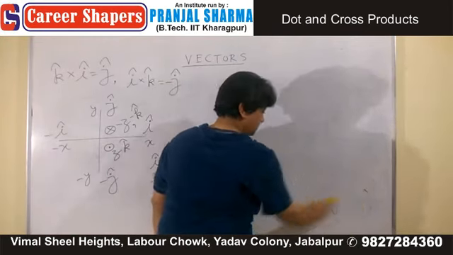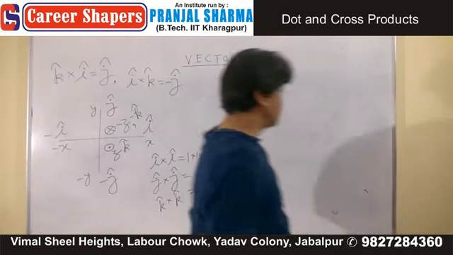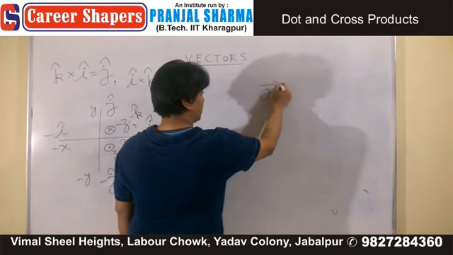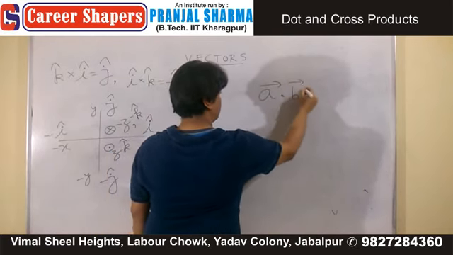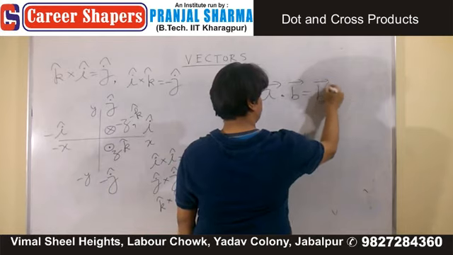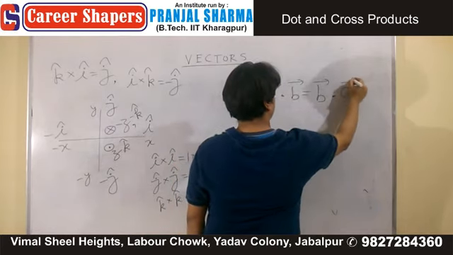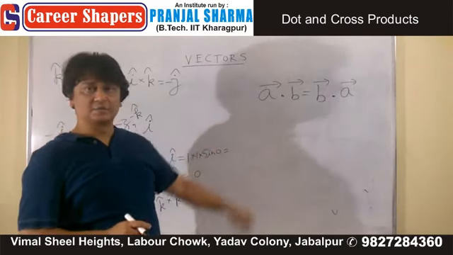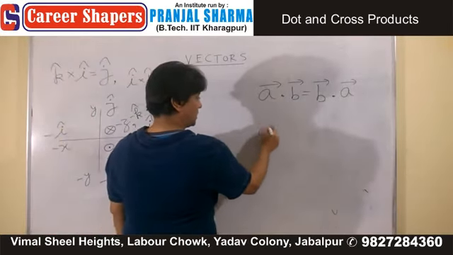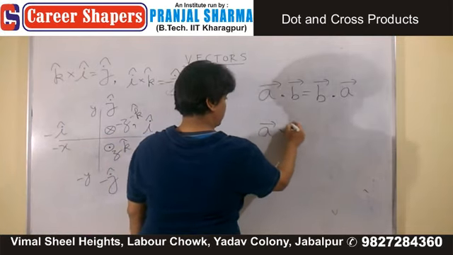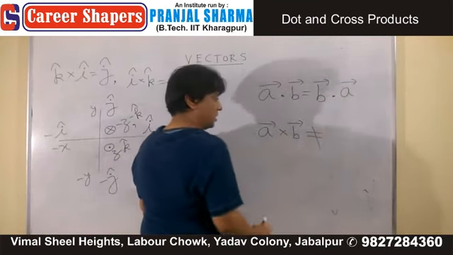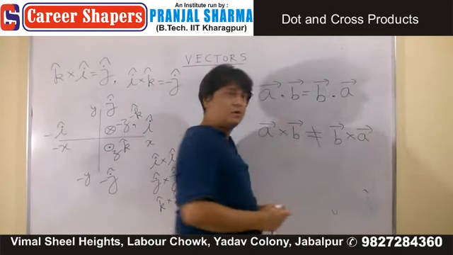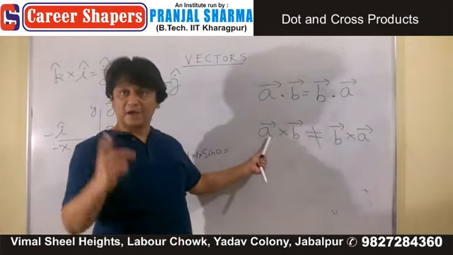The last line for today's class, and rest we'll discuss in the next. If you write A dot B, this is same as B dot A, because things are scalar. A dot B is same as B dot A, but A cross B is not B cross A. It's a vector thing.